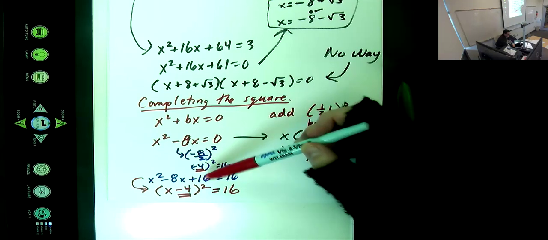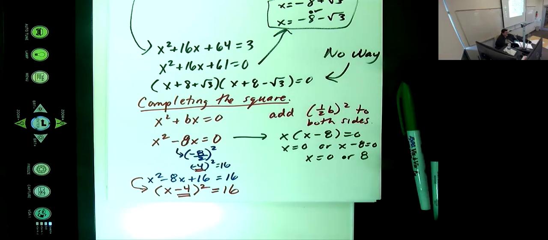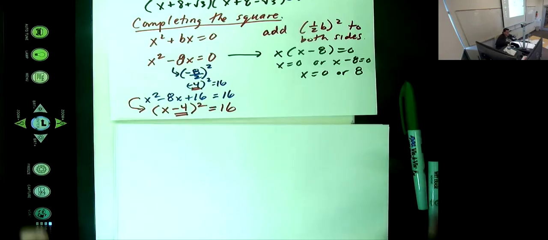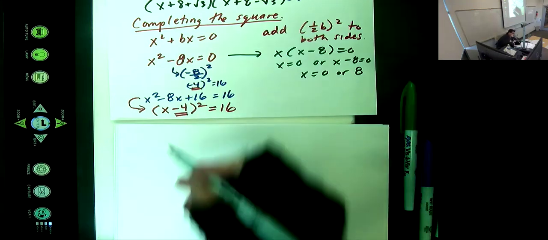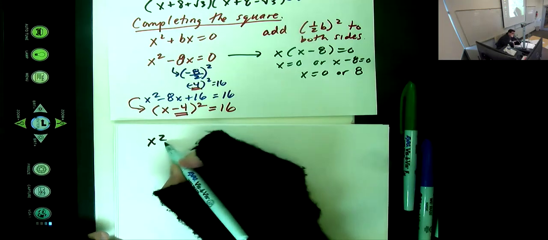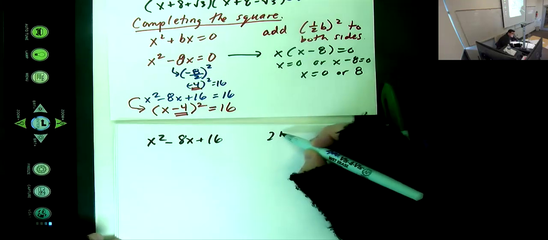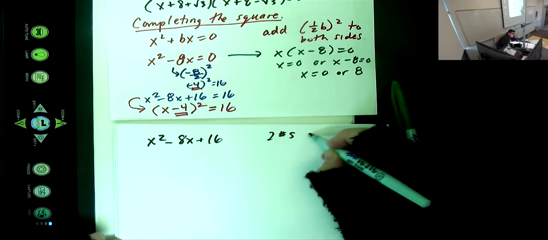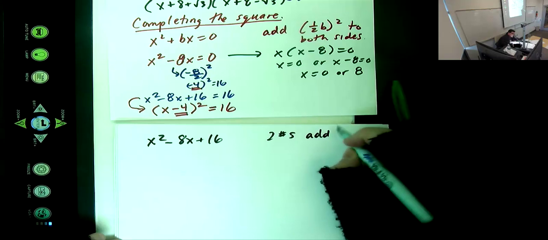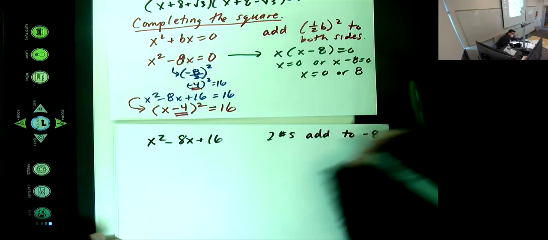If you factor this, we need two numbers that add to negative 8 and multiply to 16.